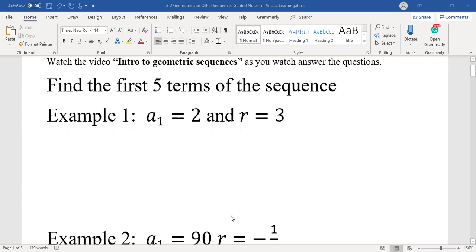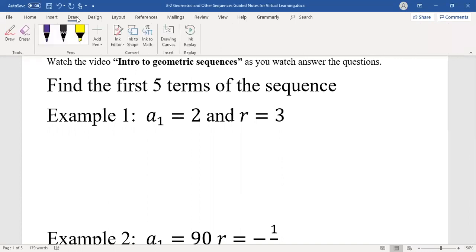In this video, I want to show how to work with geometric sequences. The idea of a geometric sequence means you have to multiply.